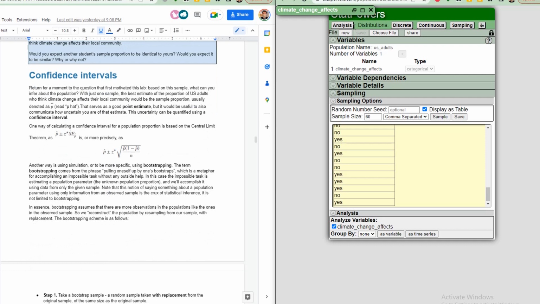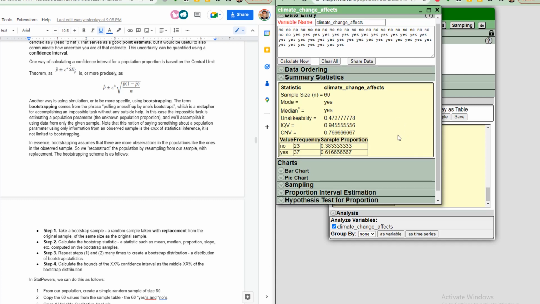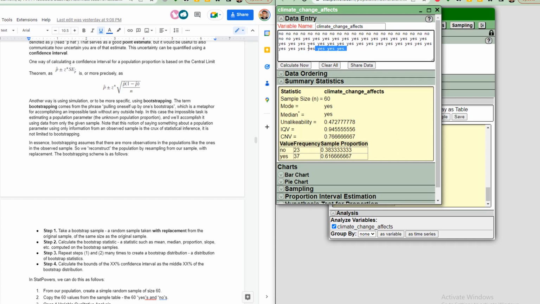All right. So we're going to go through and create a bootstrap proportion confidence interval. The idea here is we're going to imagine this is our population.